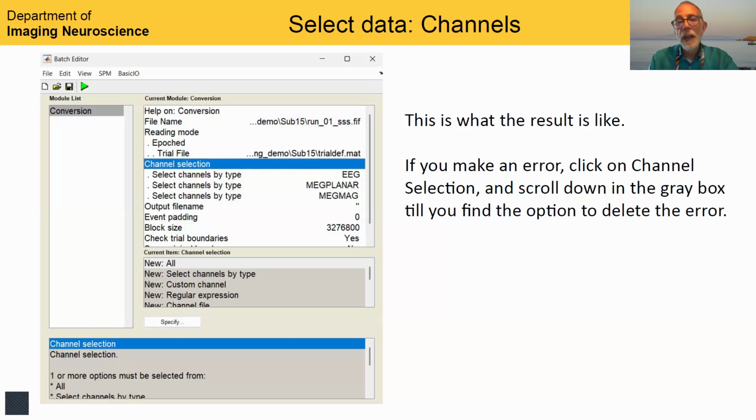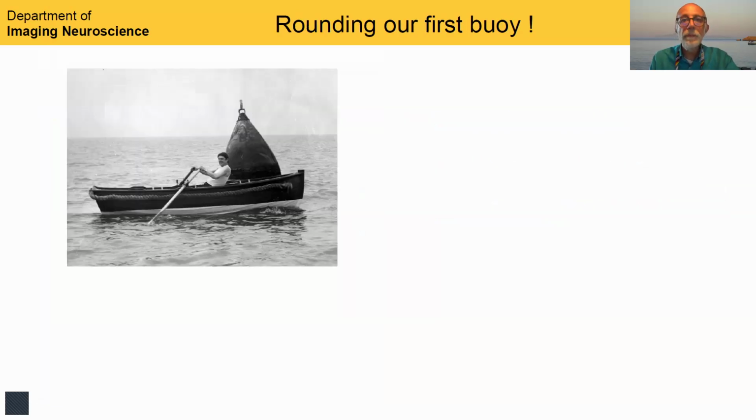You can also try right-clicking on the various items in this box in general, and it will give you an option depending on what the item is to maybe delete or re-edit or enter new data. So don't worry about mucking about a bit and making mistakes and going back. But this is what this bit should look like once you've done it.